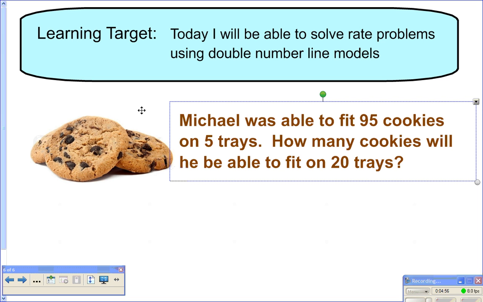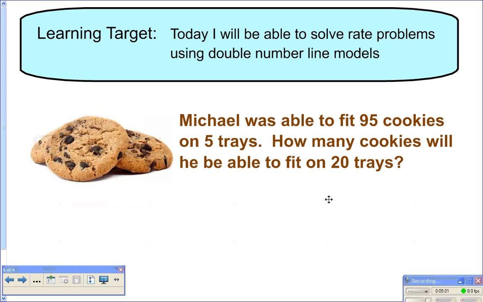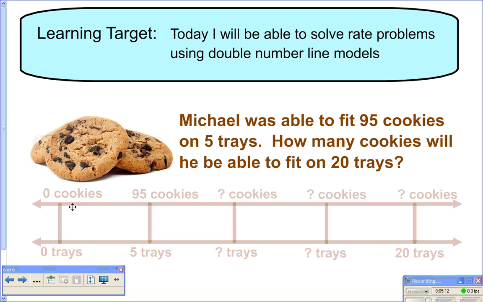If you understood what we dealt with until now, then let's look at this new problem. Michael was able to fit 95 cookies on 5 trays. How many cookies will he be able to fit on 20 trays? Here's your double number line.